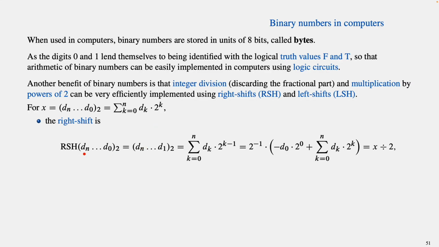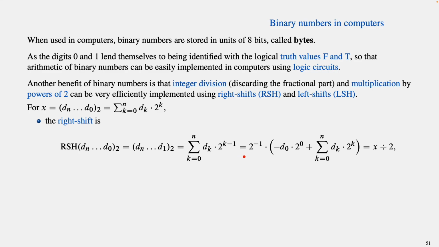So we shift all the bits in this bit string to the right, and we throw out the lowest order bit. So d_0 just gets discarded. And so our bit string now begins with d_1 and goes up to d_n, but this is no longer the bit for the power n of 2, but it's now the bit for the power n minus 1 of 2. So this is the sum of d_k times 2 to the power of k minus 1. Okay, so we just downshifted the powers of 2, and that's the right shift.